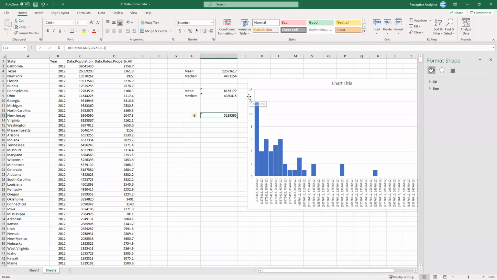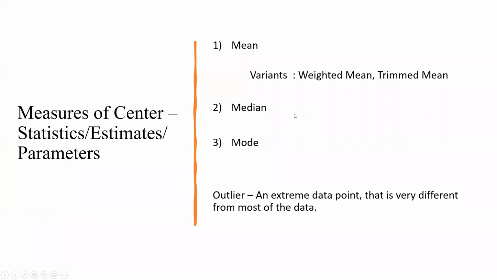So it's basically trying to make the mean a better, more usable measure when you have outliers in the data. Normally people prefer median, but if you have to go for mean, you just have to go for the trimmed mean, where you take into account all the outliers.